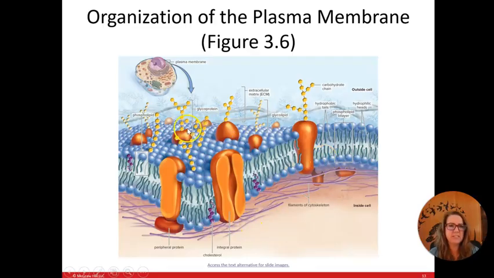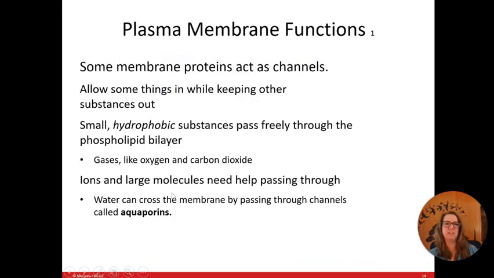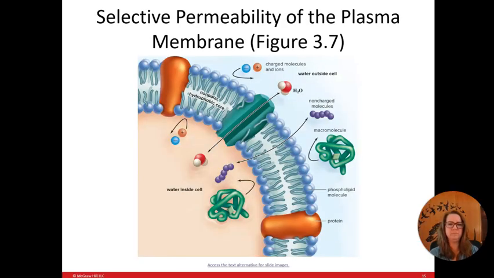And then you get an idea of these glycoproteins, here and there, glycolipids. And we actually have an integral protein here, peripheral protein, which are also going to help select for things moving through or into and out of the cell. You can pause and read more about this. I'm going to move on.